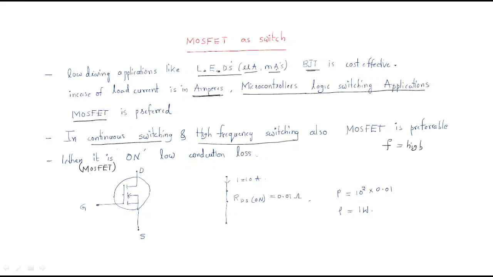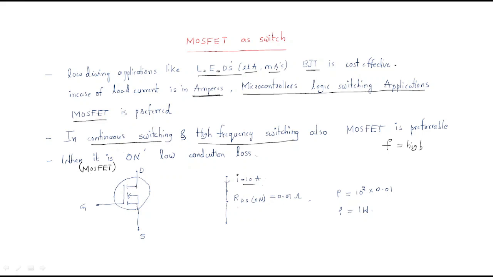So this is the enhancement MOSFET. When it is on, for example, the current is 10 milliamps and the resistance between the drain and source, which is the RDS, is 0.01 ohms when it is on.